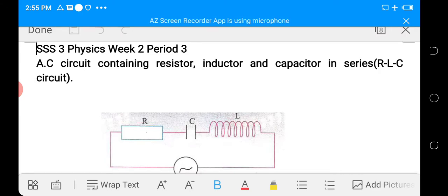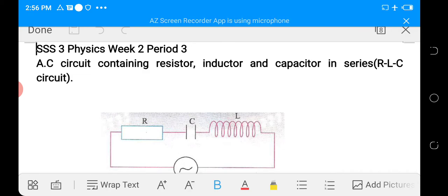We've looked at how we can combine inductor and capacitor. We've also looked at how we can combine resistor and capacitor. And lastly, we looked at how we can combine resistor and inductor. Today, we want to look at how we can combine all the three.